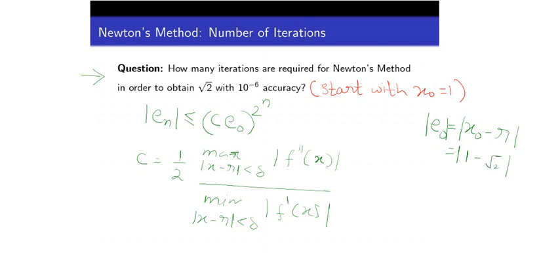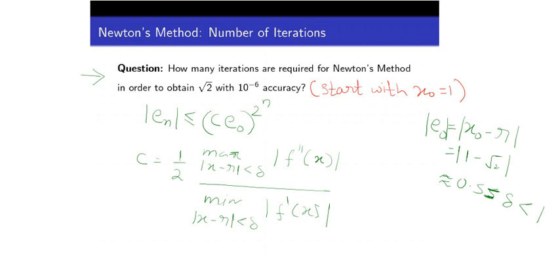That is approximately 0.414, say roughly 0.5, which we take as delta, which is certainly less than 1. So we have delta as 0.5.